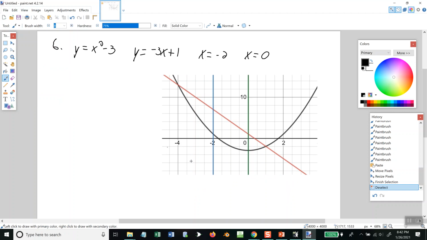Okay, so x equals negative 2 is right here, to x equals 0, which is right here. And we're finding this area in here.